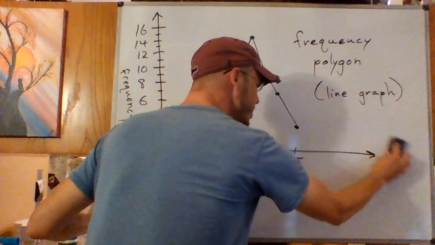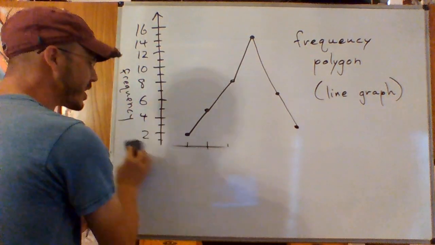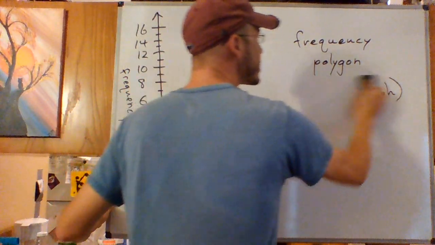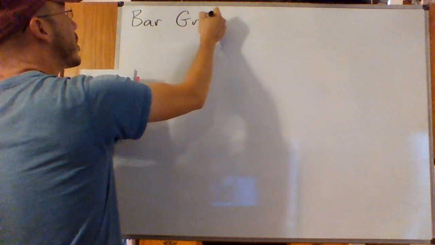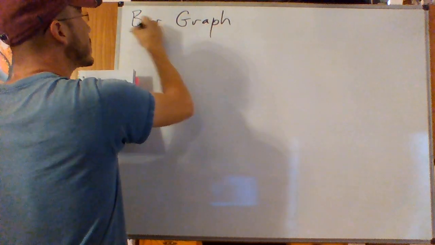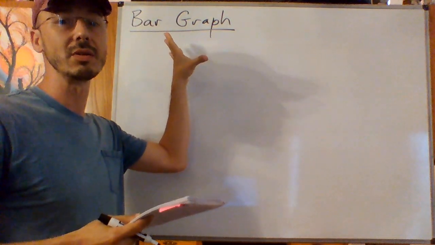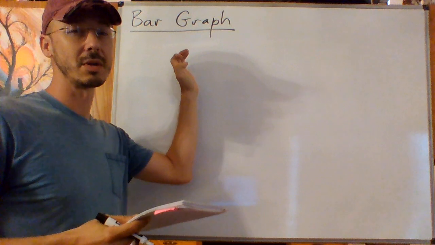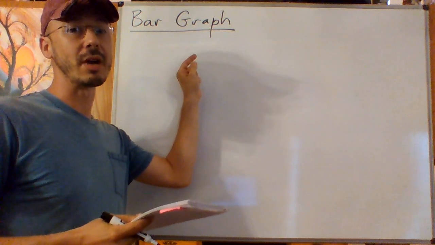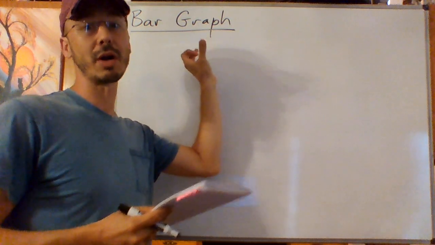Next, we're going to look at a bar graph, and I've got a different example to demonstrate bar graph. There's something related to a bar graph that we're going to study in much more detail called a histogram. We're not doing that yet, though, and there is a difference between a bar graph and a histogram.